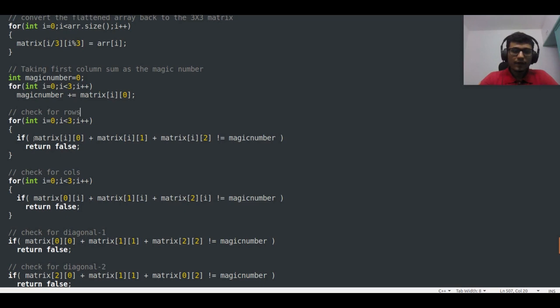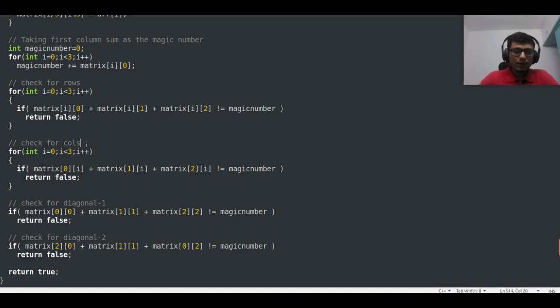When I equals 0, we'll sum up all the values in that row, and check whether it equals the magic number or not. If it is not equal to the magic number, then we'll return false. Similarly for I equals 1 and 2, that is, we'll check the 0th row, first row, and the second row, and if the sum of values in any of the rows is not equal to the magic number, then we'll return false.